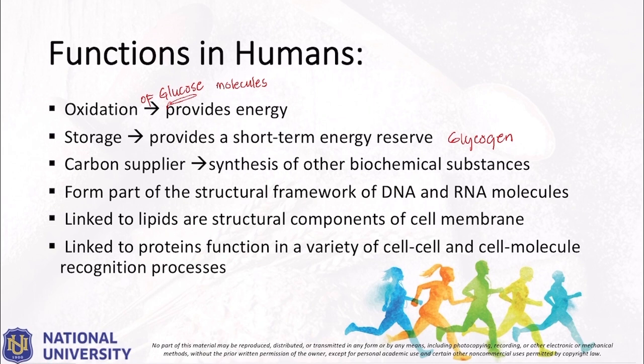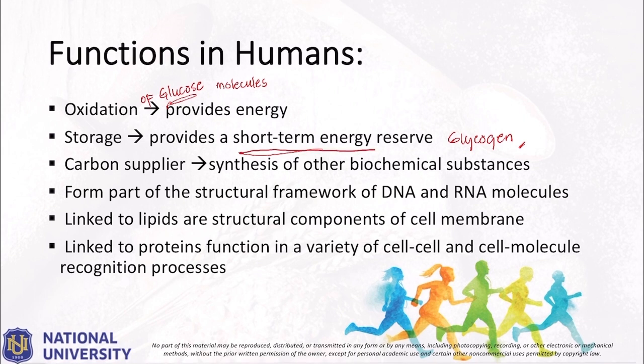It is an energy reserve that can be quickly mobilized to meet a sudden need for glucose. For example, if you are fasting and we have low or no glucose to use, we have the glycogen as our short-term reserve. Take note that it is a short-term energy reserve.